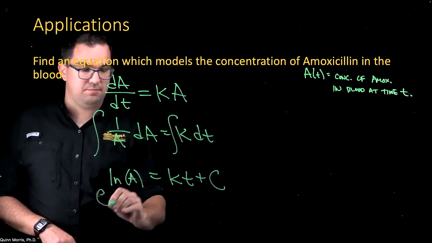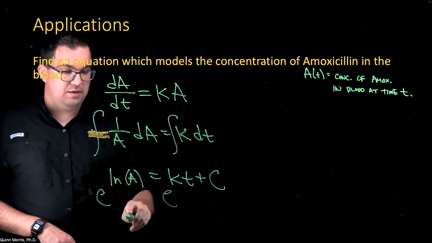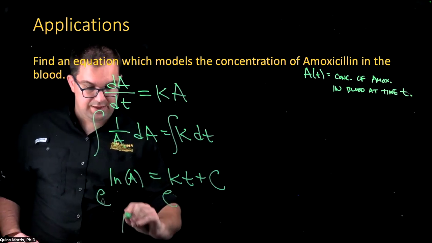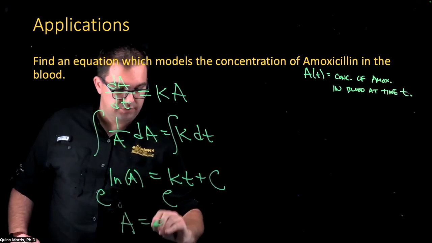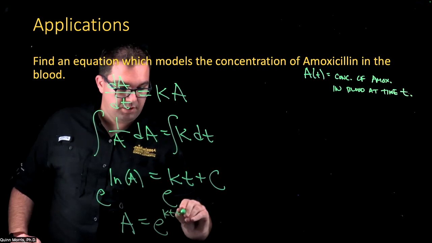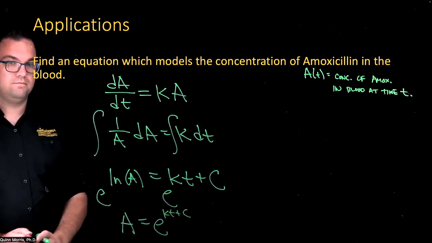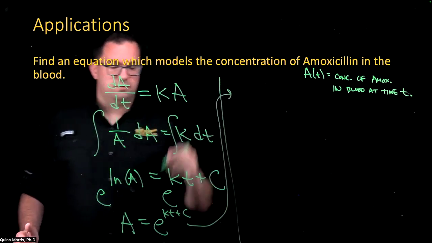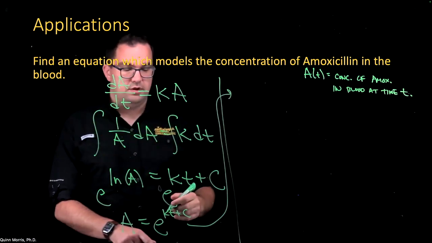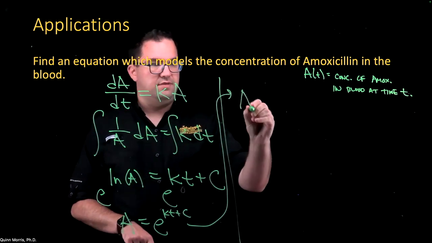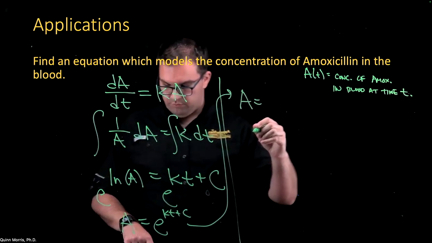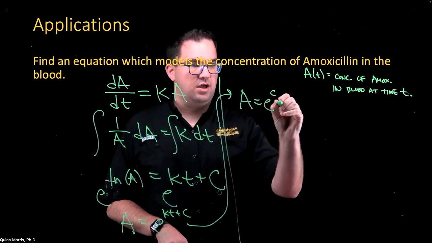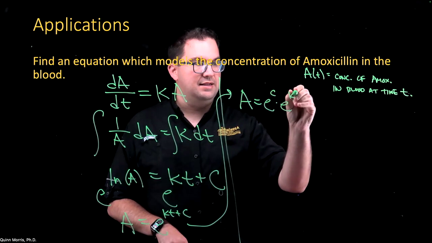So if I exponentiate both sides, I get A is equal to E to the KT plus C. Now, I can do a little bit of work to help myself here. I'm going to leave the A alone for a second. I can rewrite this as E to the C times E to the KT.